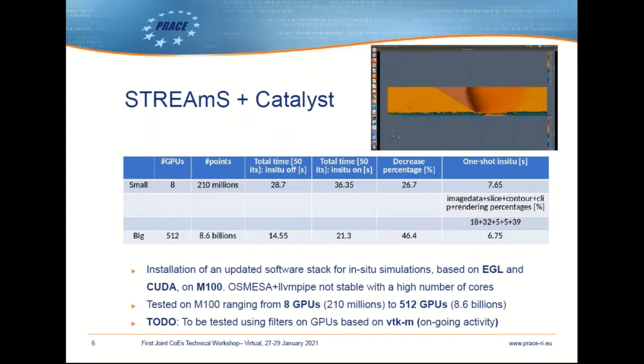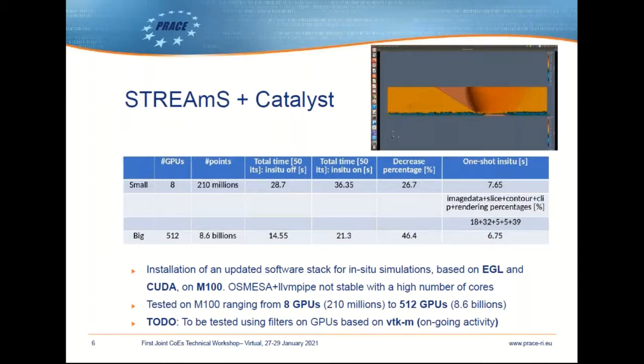Here I report some numbers of only the activity regarding Streams and Catalyst. On top you see an image, a rendering of the simulation of interaction between an oblique shock with the boundary layer.